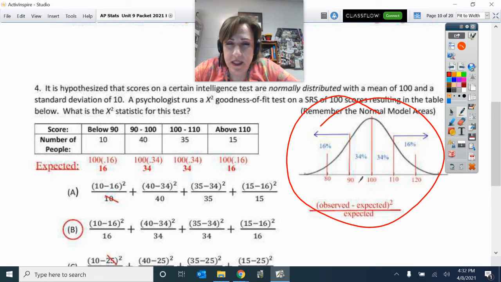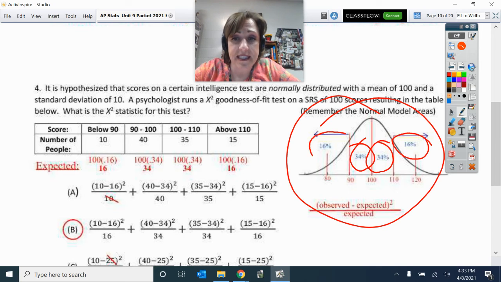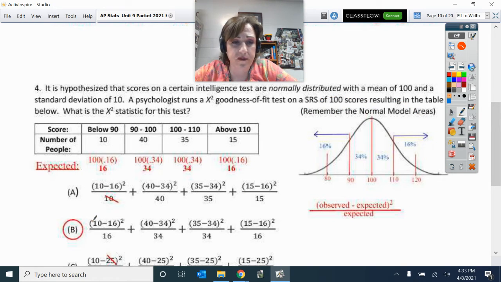So I gave you this picture as a big hint that with the normal model, these are the percentages that are expected: the 16 and the 34 and the 34 and the 16. That was the big deal that had made this problem difficult without that information. So when we do that, we've got our observed minus expected, quantity squared, divided by expected, and of course we're summing those up.